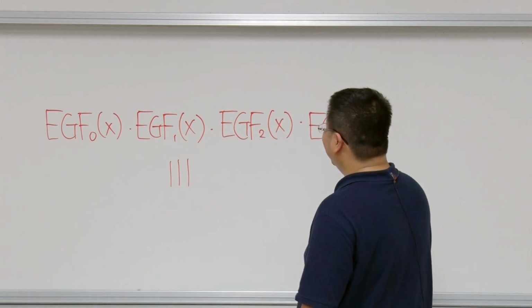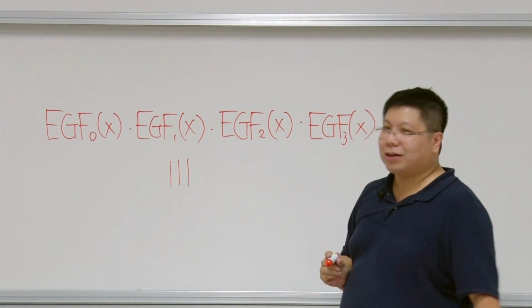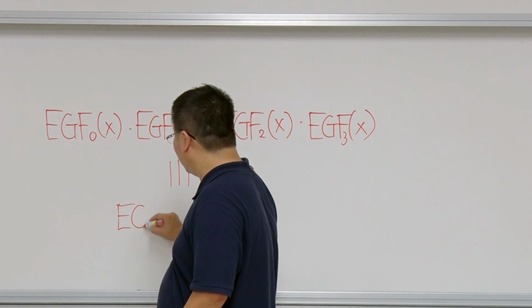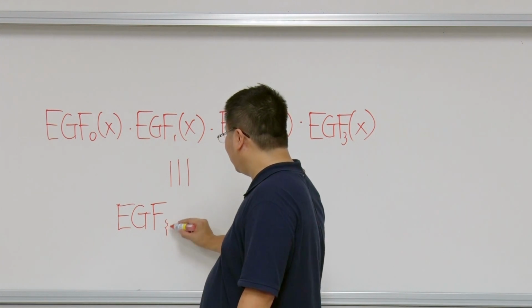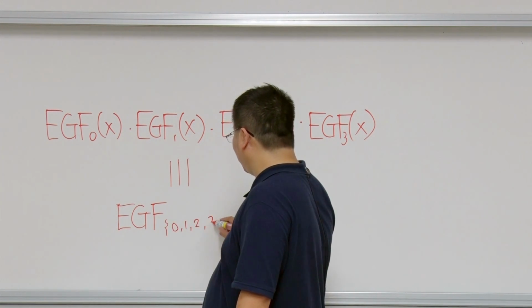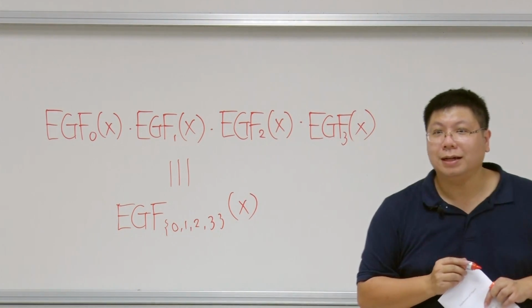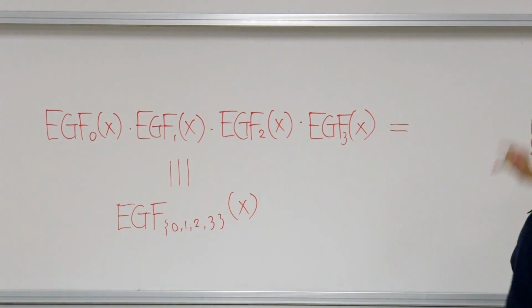Sorry, this is x, and this is 3. Thank you. If everything works, then this will be an EGF for using 0, 1, 2, 3 at any position.